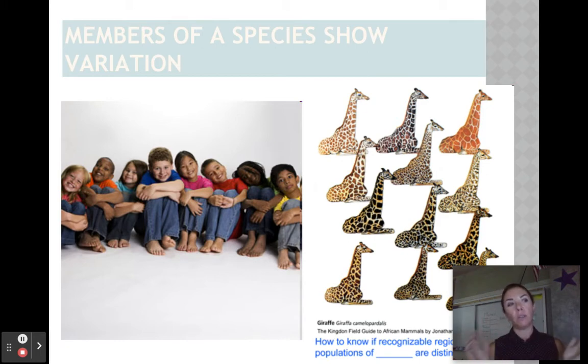We see a ton of diversity because there's no favored trait with those types of phenotypes, right? Having brown hair is not going to make you survive better than someone that has red hair in our environment, right? So there's a lot of diversity in humans because there's nothing acting against it.